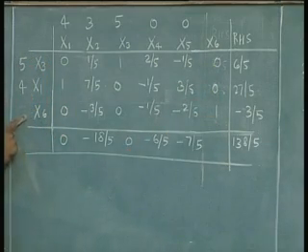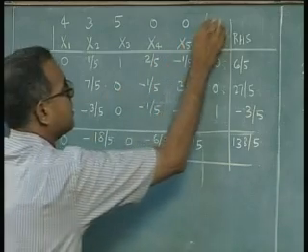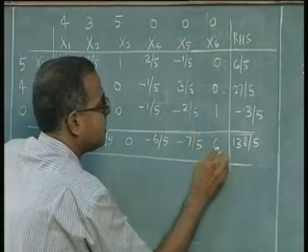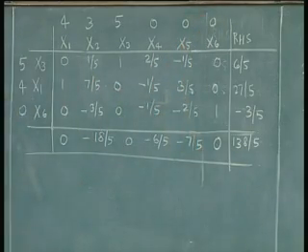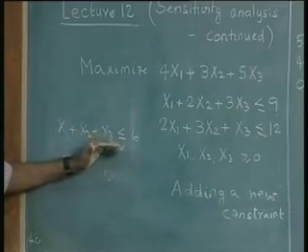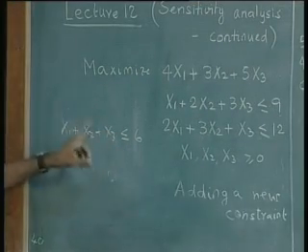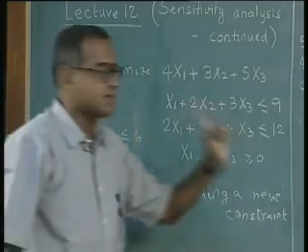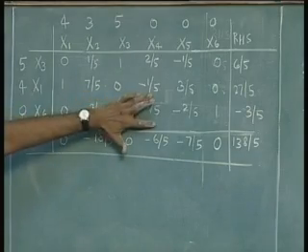X6 will be introduced here. It is a slack variable with an objective function coefficient of 0, and Cj minus Zj of 0. So if the new constraint is violated by the existing optimal solution, then this will get reflected as another constraint in the simplex table.